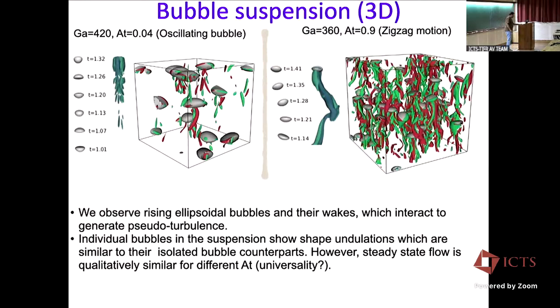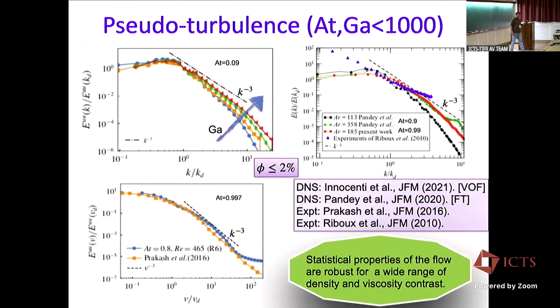And therefore, not so surprisingly, what we found was that if one looks at the power spectrum of the velocity, although it's written E here, E was meant for energy spectrum, I'm intentionally now calling it a power spectrum of velocity, and it will become clear slightly later why. You see that for a fixed density contrast, Galilei is like the Reynolds number.